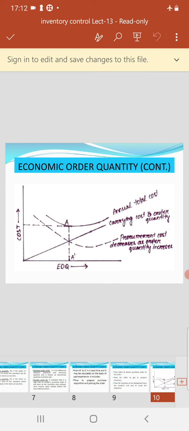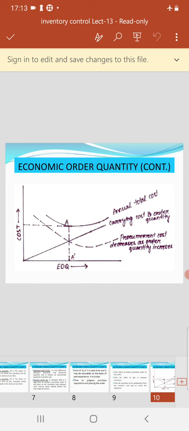So if we add the fixed cost and the variable cost, we will get a curve which is known as procurement cost, which decreases as order quantity increases and again increases.